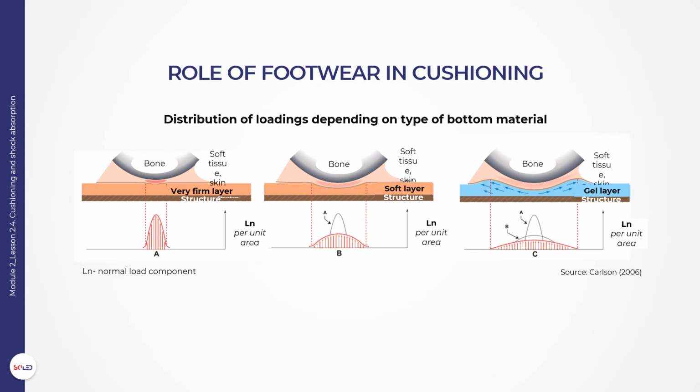A soft layer decreases the normal load component per unit area, comparing with a rigid layer, as it is presented in Case B. A cushion material having a gel layer that corresponds to anatomical needs of the foot could create bulge spreading of the load over a larger area, such as in Case C.